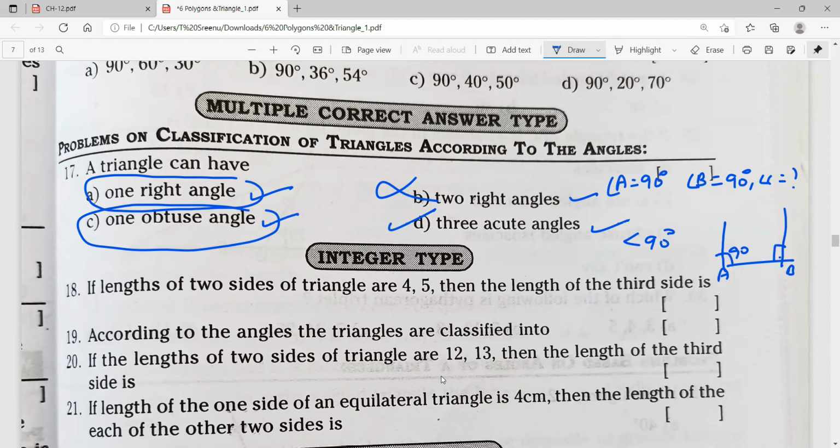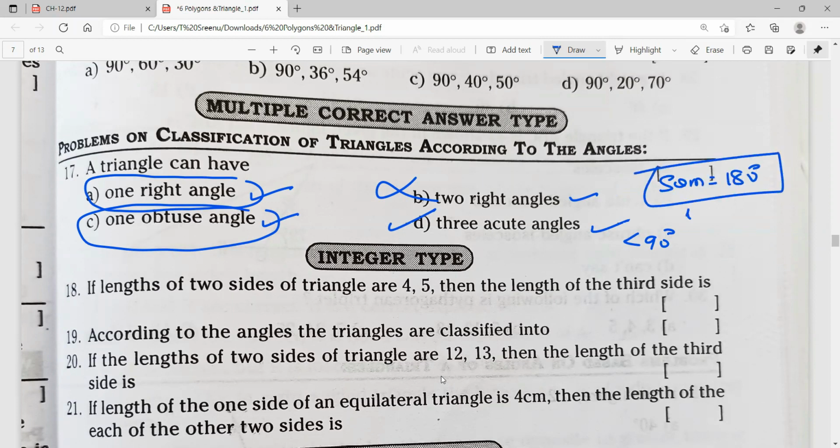Will it come as a triangle? 100% no, we get a square. So two right angles is not possible because the sum of the angles should be 180 degrees. Angle A plus angle B plus angle C is 180. But here we are getting the sum of two angles as 180. So this is highly impossible. We can't do it.